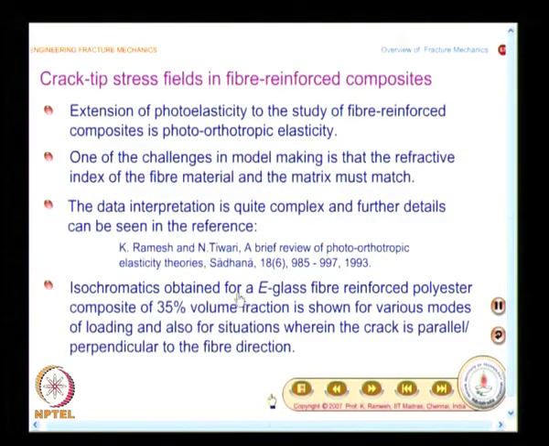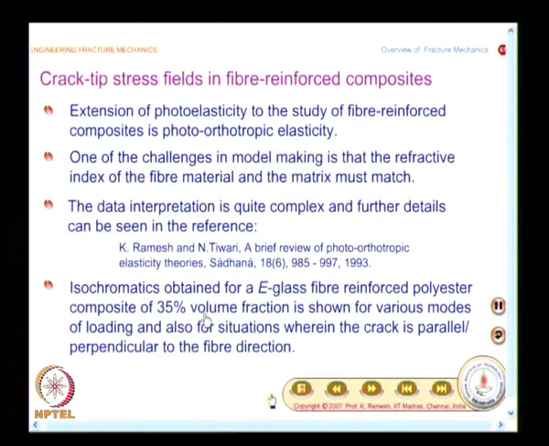If I have a crack parallel to the fiber or perpendicular to the fiber, how does the crack grow, and what is the kind of stress field which you could see, what is the kind of isochromatics that you can obtain? This has been done for an E-glass fiber reinforced polyester composite of 35% volume fraction.